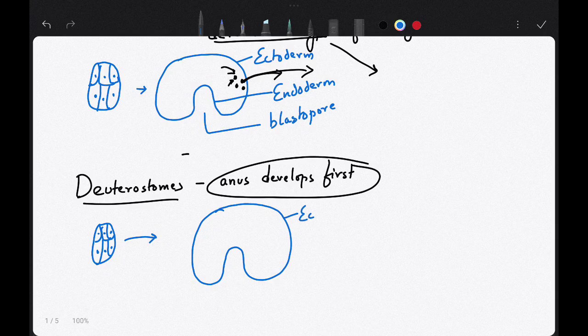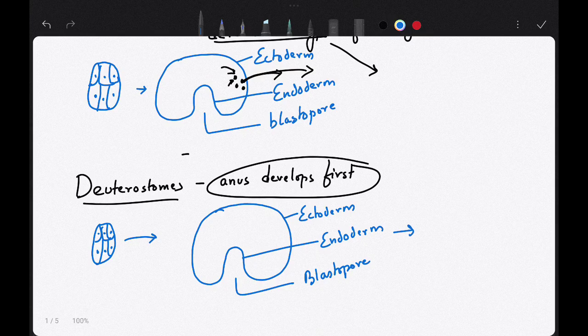This is the ectoderm, this is the endoderm, this is the blastopore. Suppose this is the organism after development.